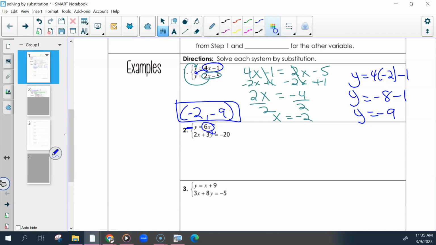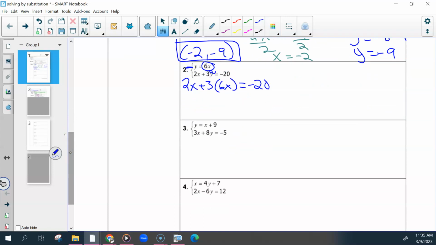If the arrows and the circles help you do that, fine, but you don't have to do that. So then we would rewrite the second equation, 2x plus 3 times 6x in parentheses equals negative 20. And then you would keep going and solve. So we get 2x plus 18x equals negative 20.